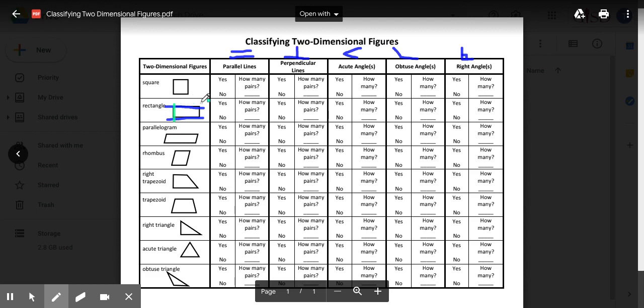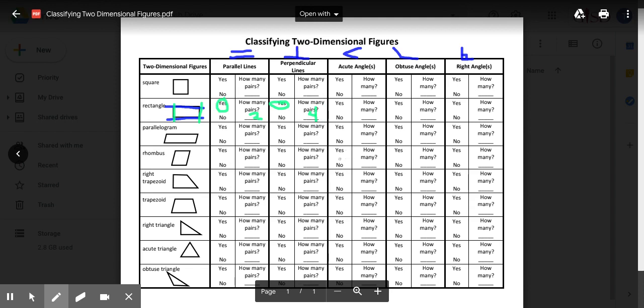So the answer is yes, you do have parallel sides, and you have two pair. Same thing with the perpendicular sides, just like a square. A rectangle has four right angles, so you know that it does have perpendicular sides. And it has four pairs of perpendicular sides.